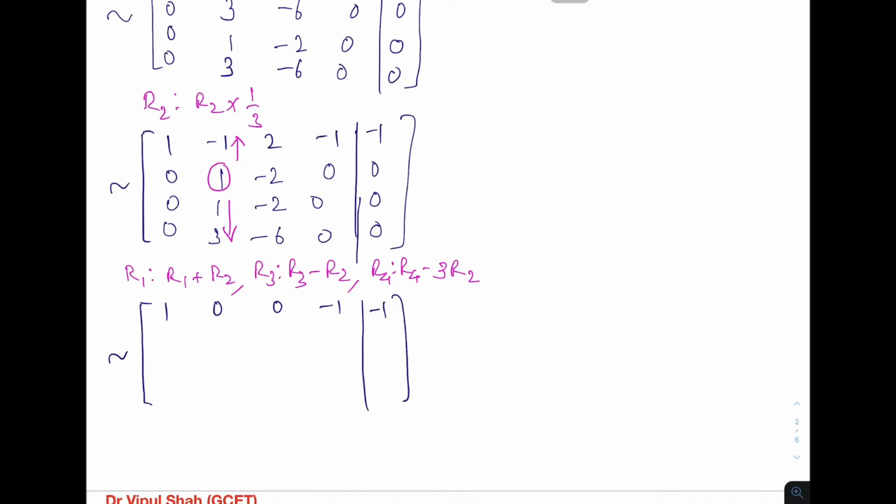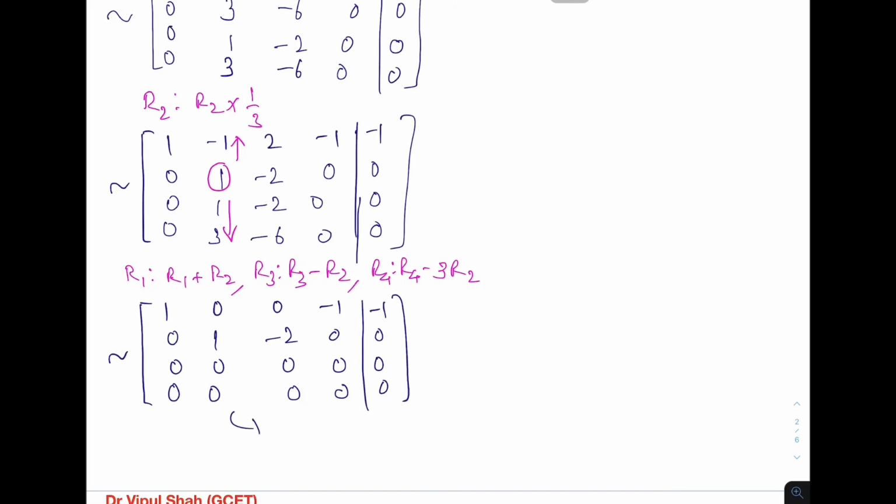Okay. Next is 0 1 -2 0 0, and third one is, you can see that 0 0 0 0 0, next 0 0 0 0 0.